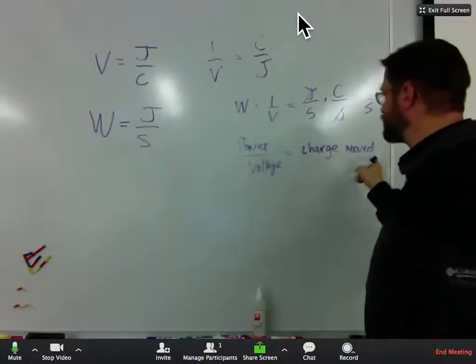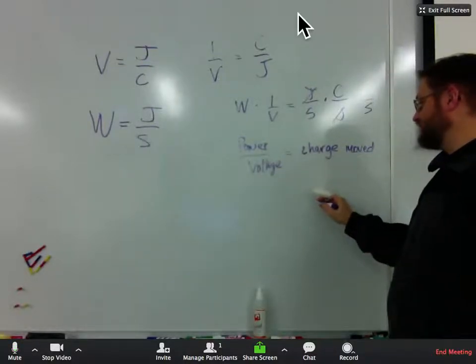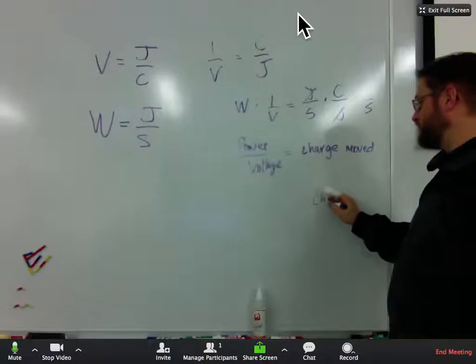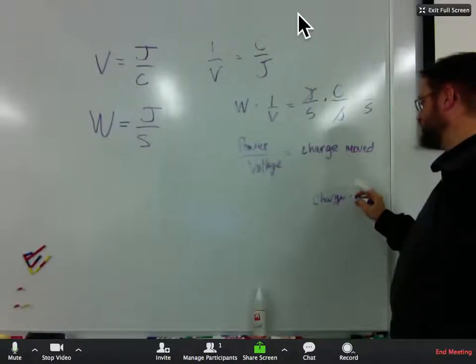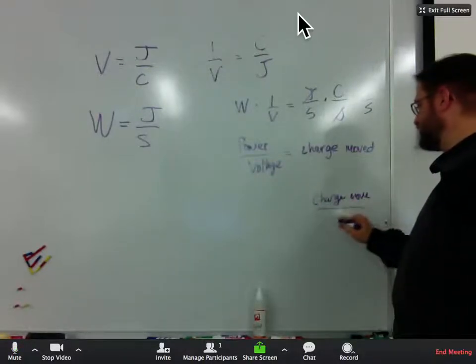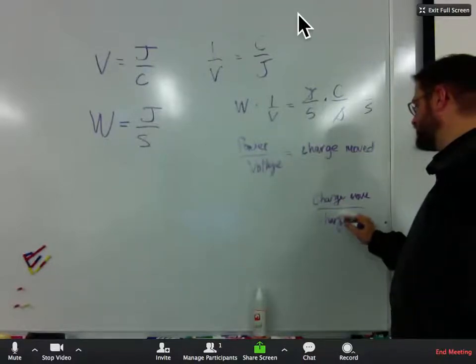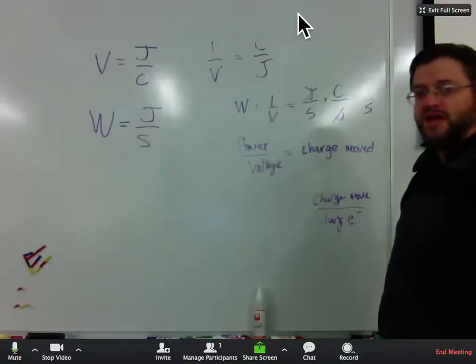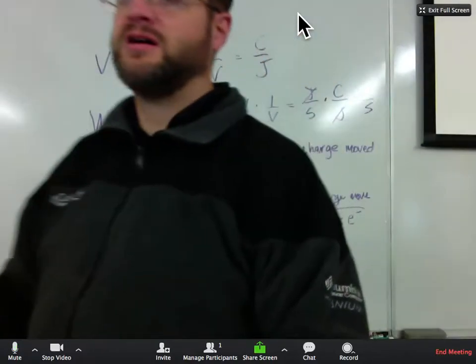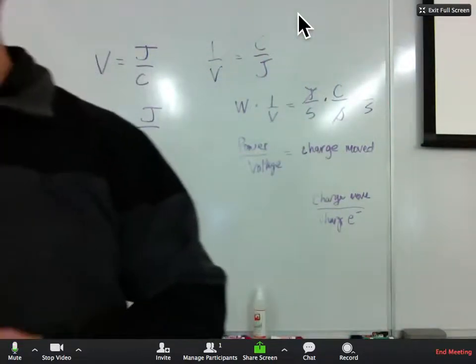And then once we know how much charge is moved, we'll divide the charge moved by the charge of an electron, and that will give us the number of electrons that have been moved.